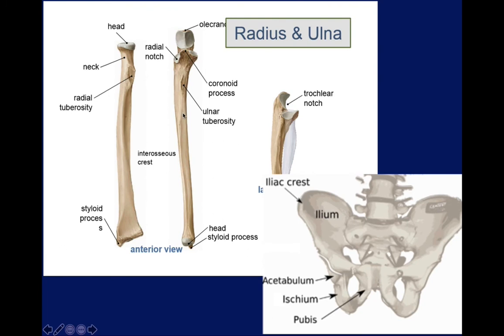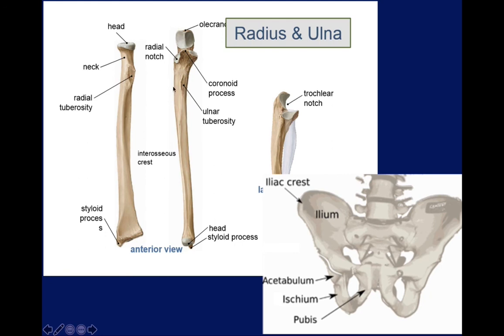These are the two bones that can be found making up the forearm. The radius bone in particular is found here, and it contains a tuberosity known as the radial tuberosity. This is a large, rounded prominence that sticks out of this bone, so we give this structure the name the radial tuberosity. We'll also see that this bone is named the ulna, and the ulna will have its own tuberosity known as the ulnar tuberosity.